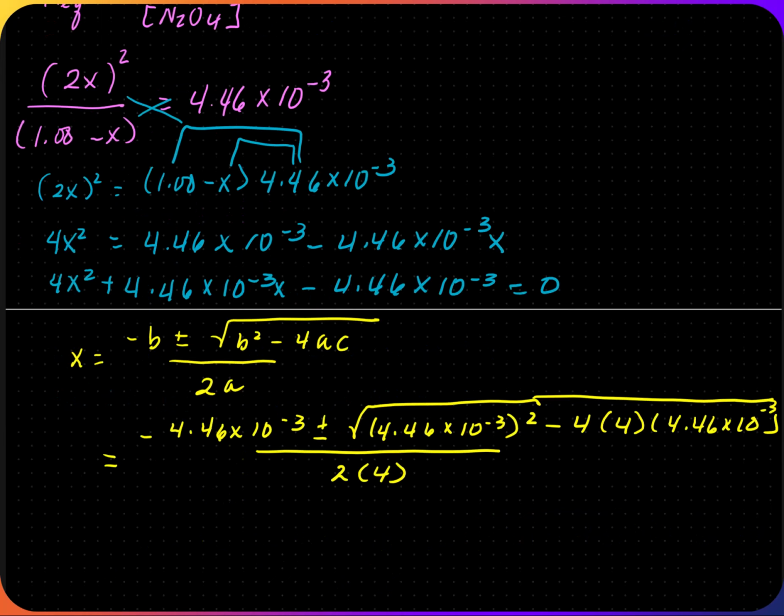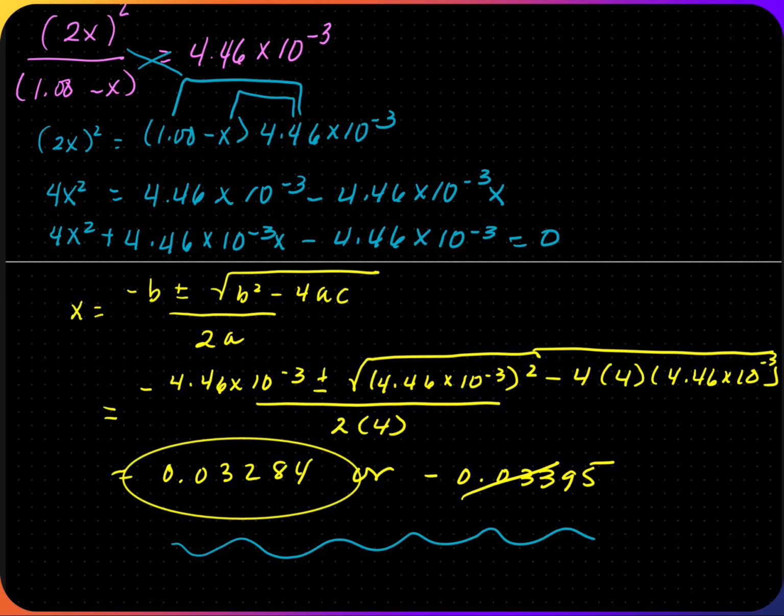Plugging in, you get two possible answers, 0.03284 or negative 0.03395. One of the choices is negative. The positive answer is correct.